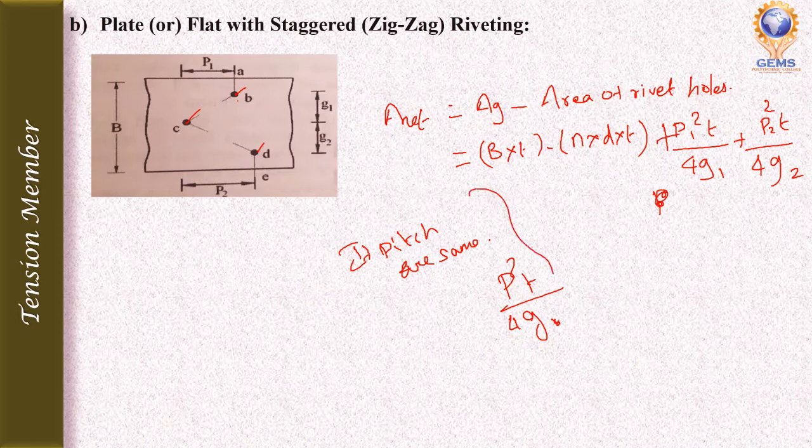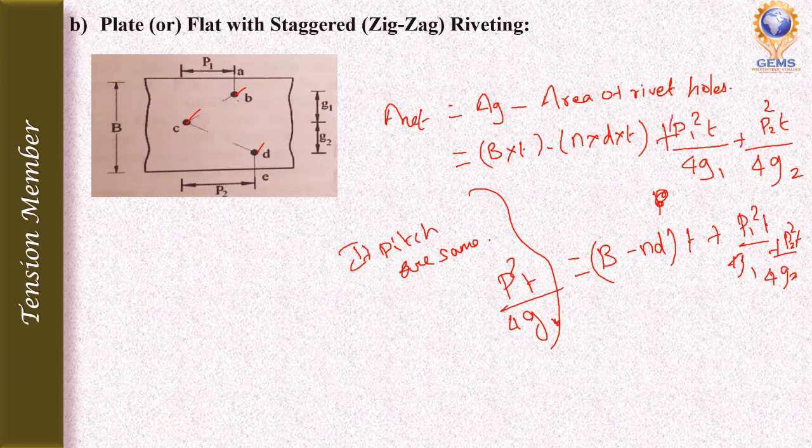So this one is B minus ND into T plus P1 square T by 4G1 plus P2 square T by 4G2. This term is called the area correction factor.